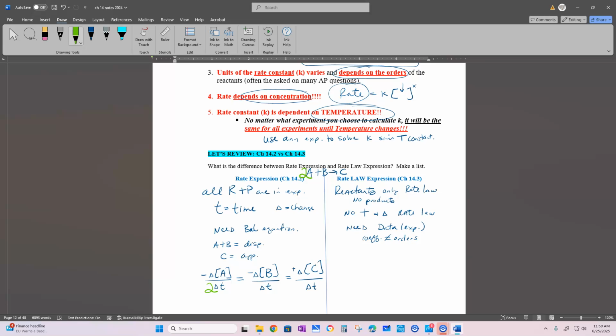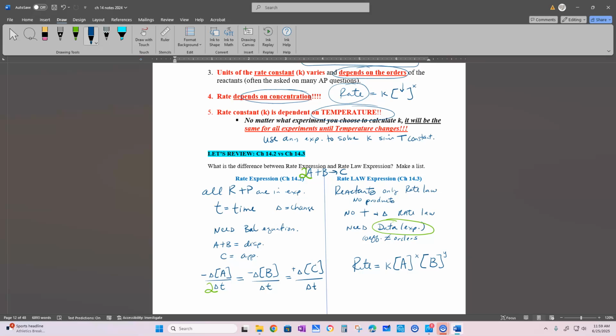That's the difference. With a rate law, I need that data. So with my rate law, I have the word rate, little k, and then the concentration of A to some power, and then the concentration of B to some power.